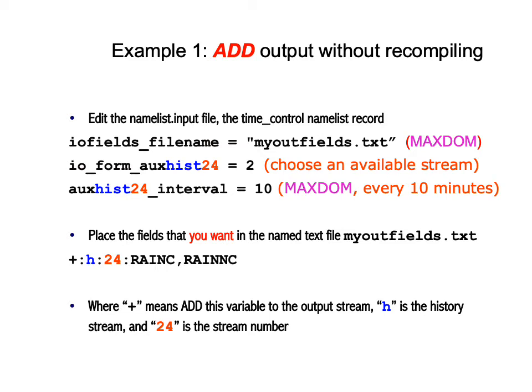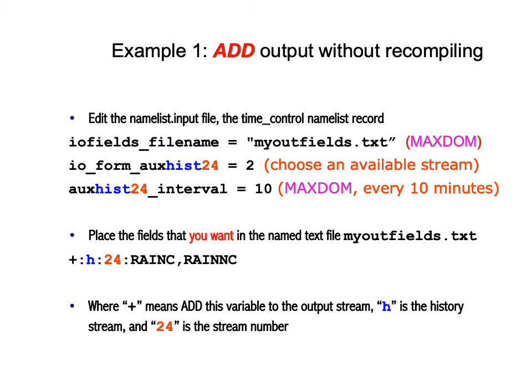We need to know what format the stream is going to be in. 2 means it's going to be netcdf. And we need to know how often that data is going to be output. In this case, we're saying every 10 minutes. These variables are not defined typically by default inside of the namelist.input file. However, we know that since they are in the namelist.input file, they are defined by the registry.